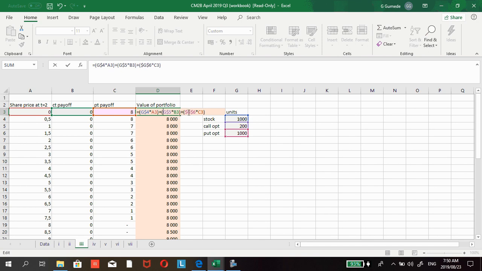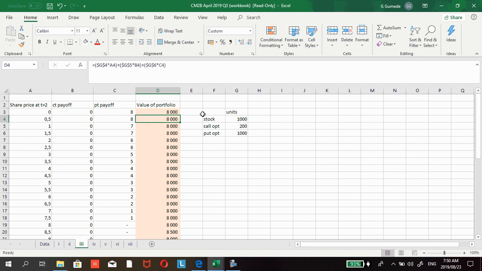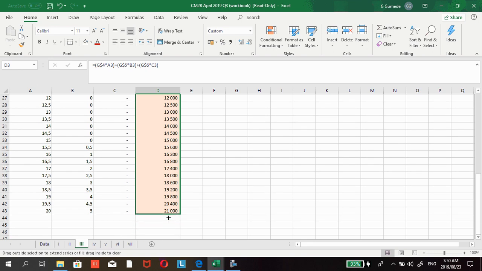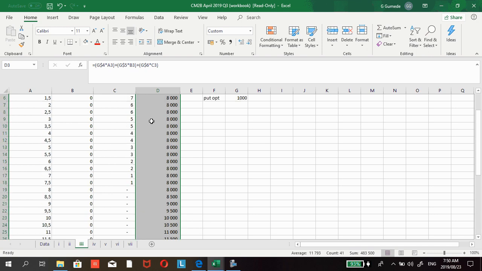Okay, and I'm going to drag this down. So right now I've got 2400, and you can see the values are the same.